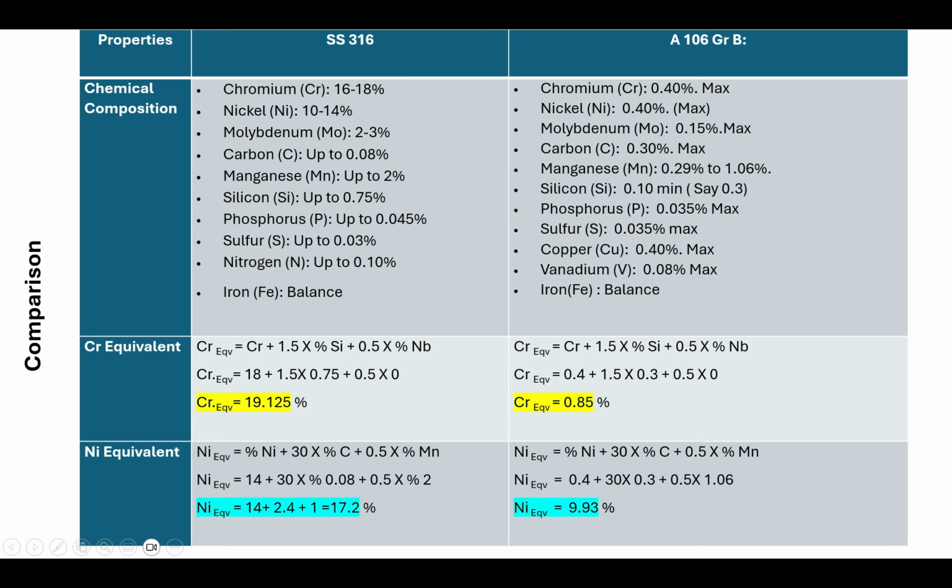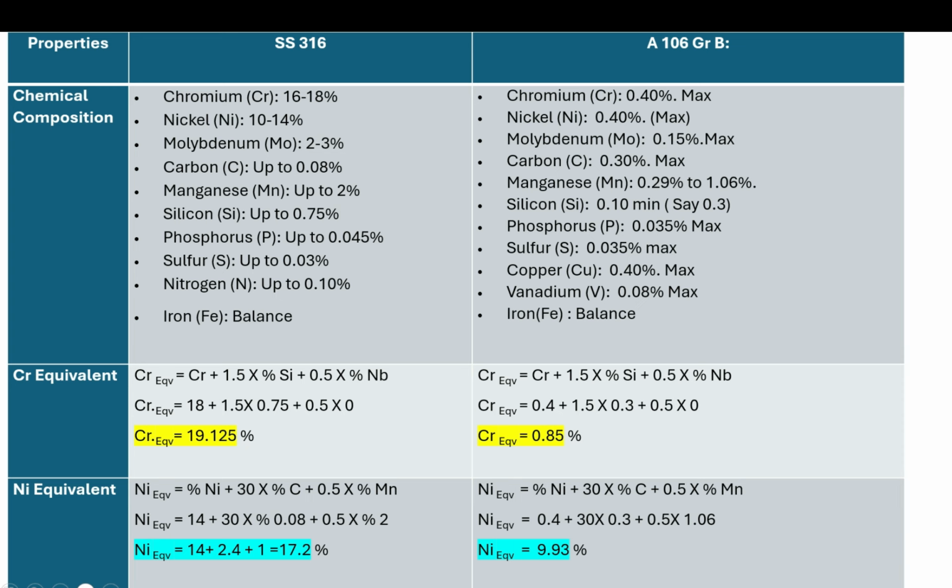Based on that, using the formula, the chromium equivalent of A106 grade B is 0.85%, and the chromium equivalent of SS316 is 19.125. The nickel equivalent is 17.2% for SS316 and 9.93% for A106 grade B.